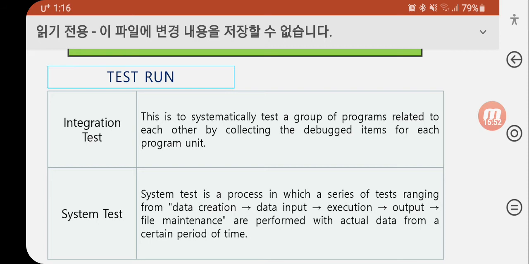System test is a process in which a series of tests ranging from data creation, data input, execution, output, file maintenance performed with actual data from a certain period of time. Each program is fully operational in a common continuous flow of processing.